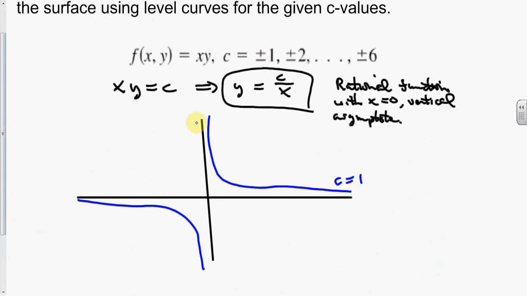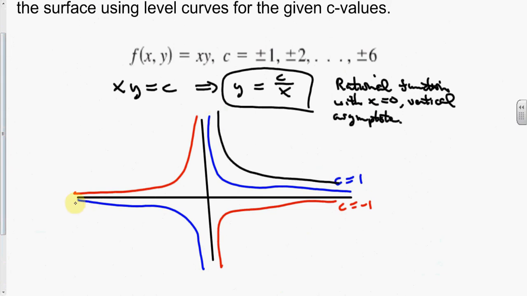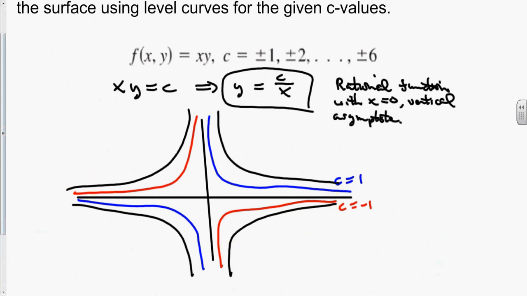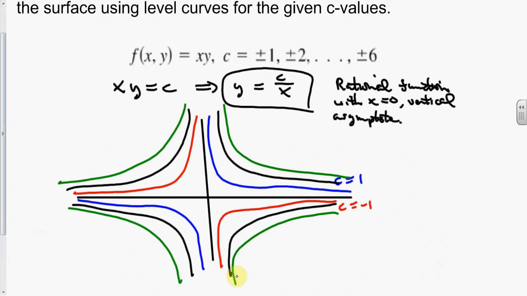If c is equal to -1, and then for each number, we just keep refining that. And you get the idea.